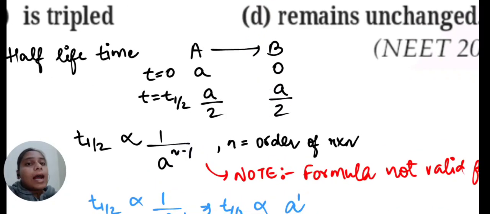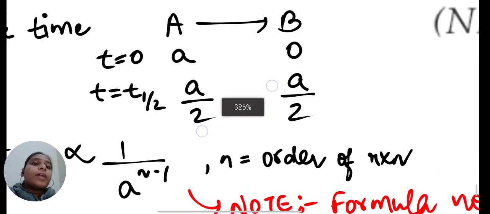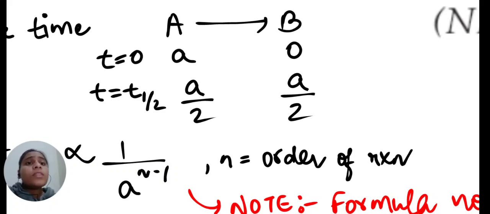Half-life time is, like I have written a reaction in this way, A is converted into B. Now, at time t equals 0, when reaction has not started, I have taken a beaker and added A into that. The concentration of A is, for example, small a.